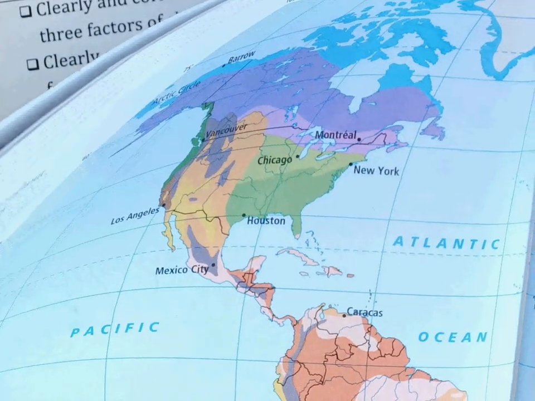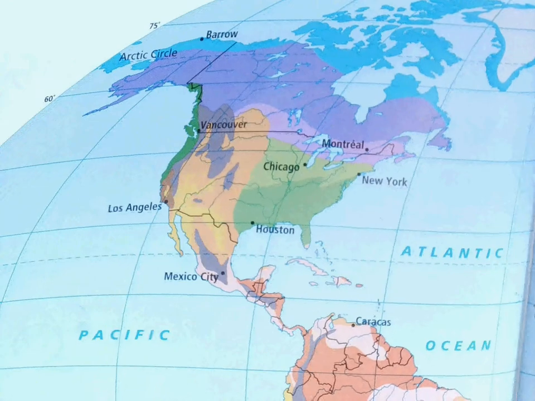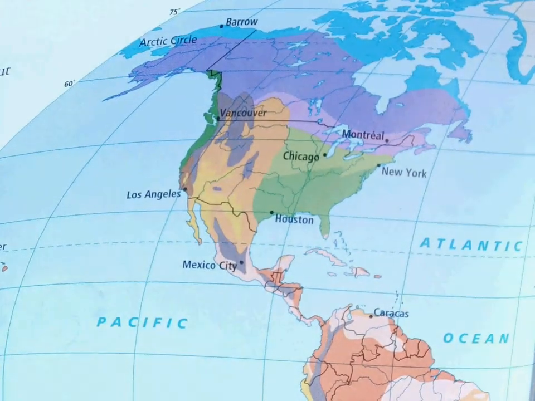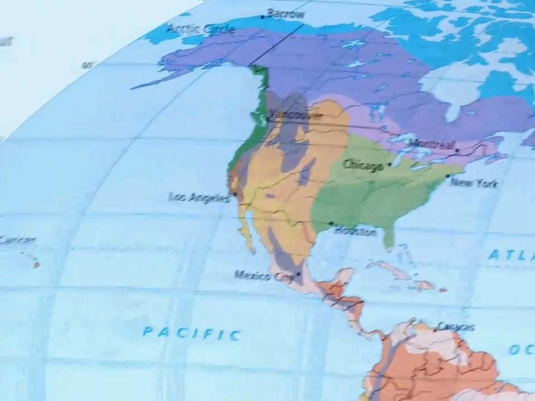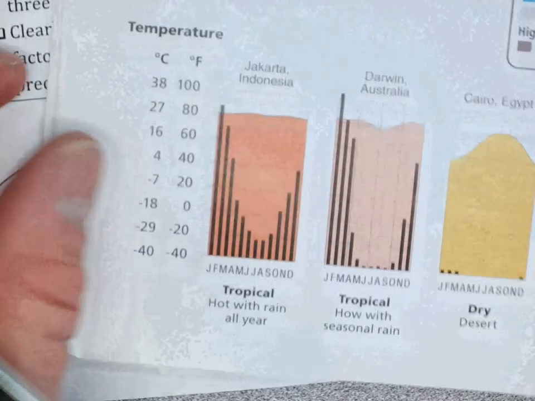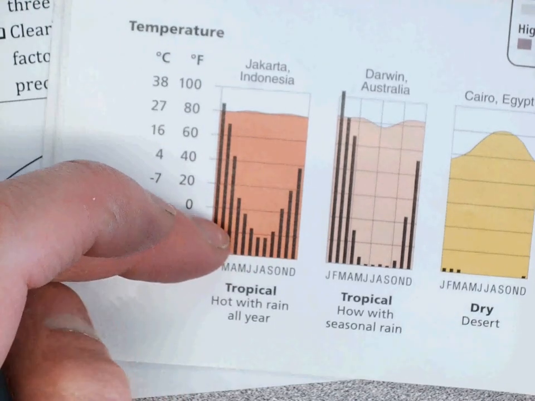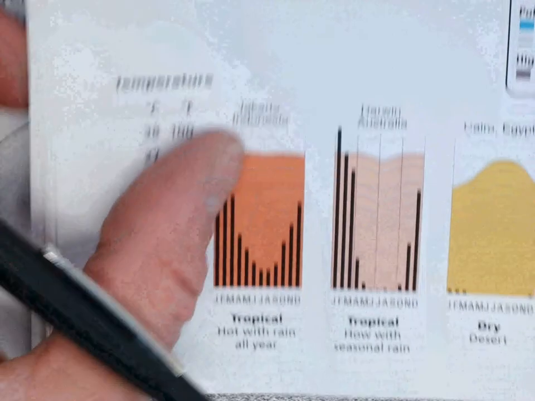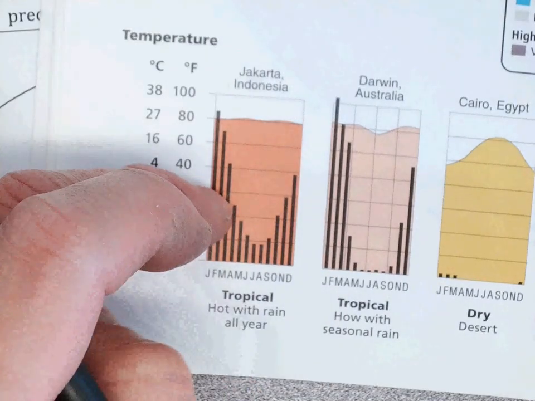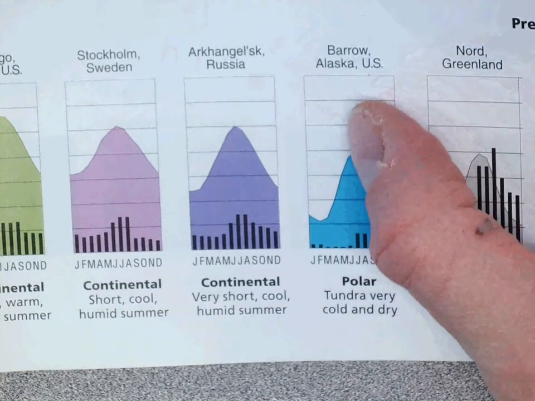And I could do one more comparison. I saw a lot of people compare Jakarta, Indonesia. Okay, and we could actually compare that to a pretty extreme difference. How about Barrow, Alaska?